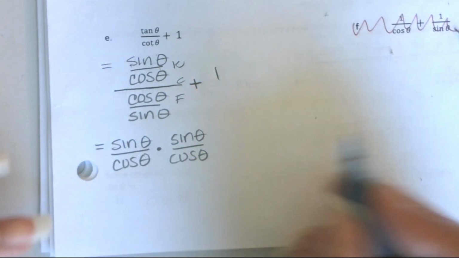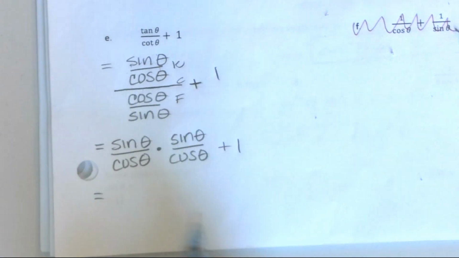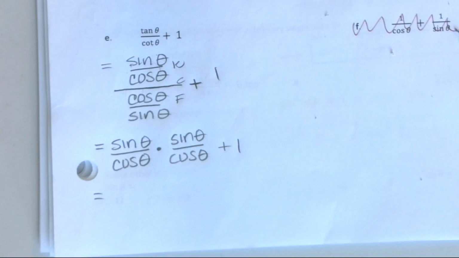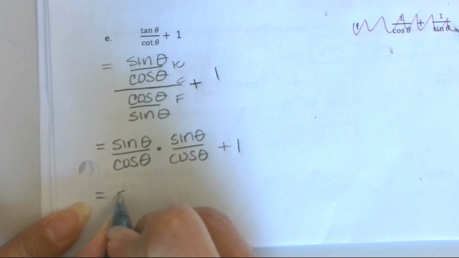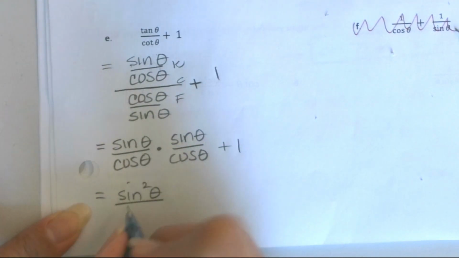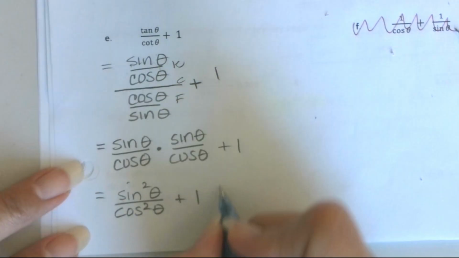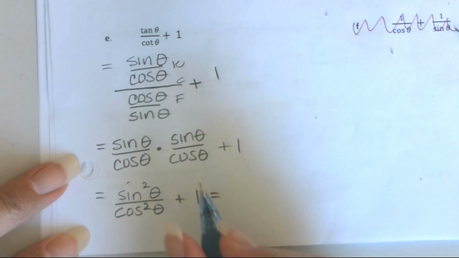And then let's not forget our plus 1. Are we able to cancel through multiplication here? No. So what's sine times sine? Sine squared. How about cosine times cosine? Cosine squared.